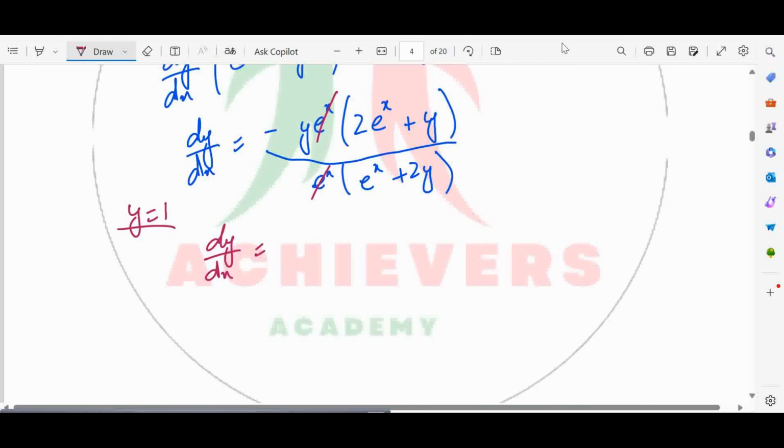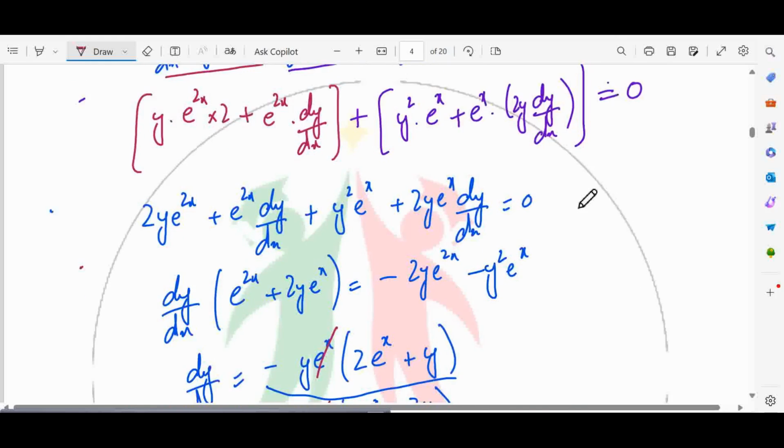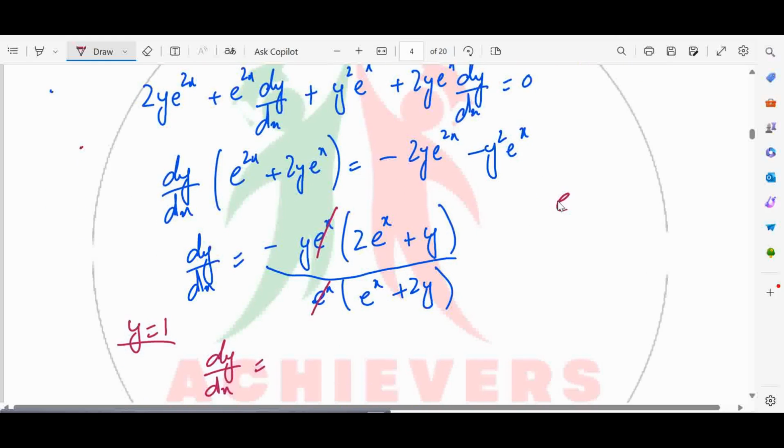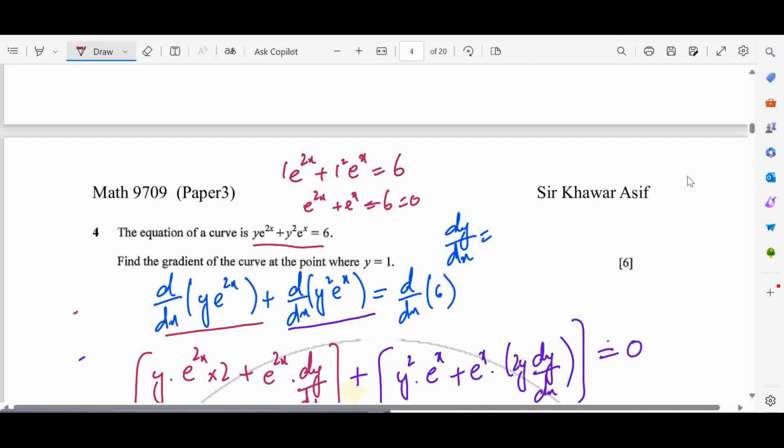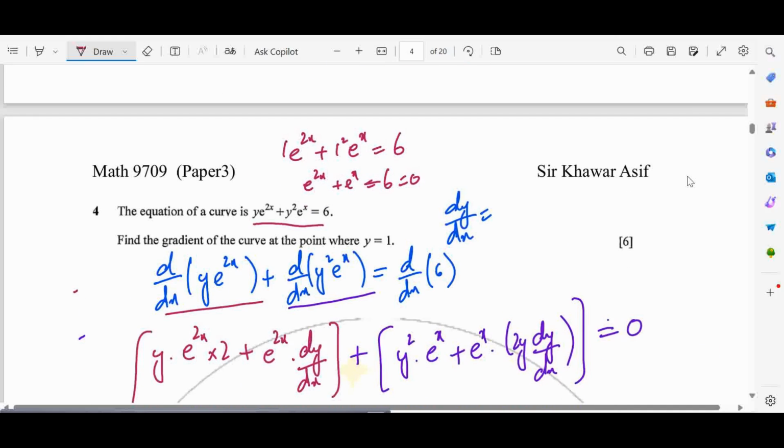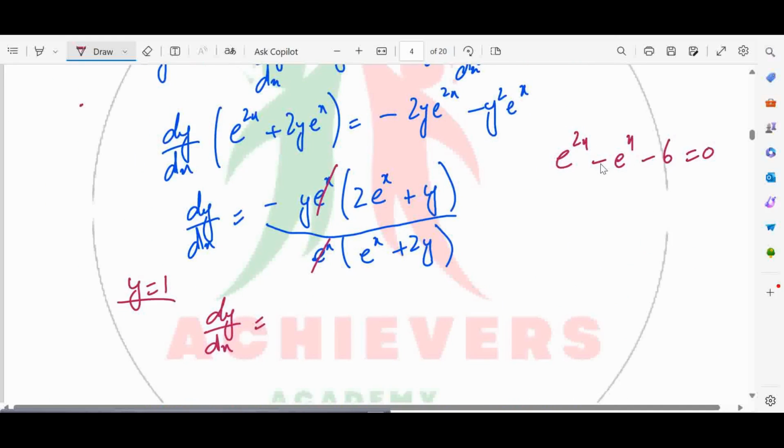Let me write it over here: e power 2x plus e power x minus 6 is equal to 0. Now we can just solve it over here. Let a be equal to e power x. So a square will be equal to e power 2x.